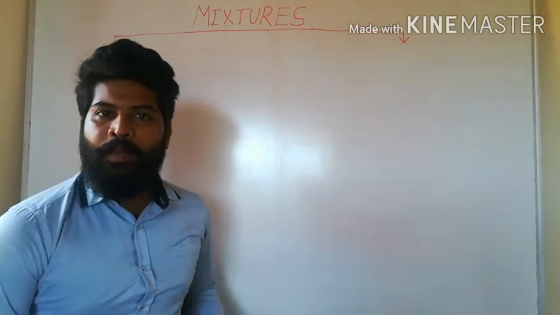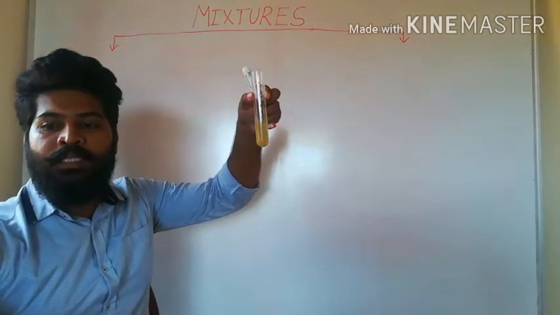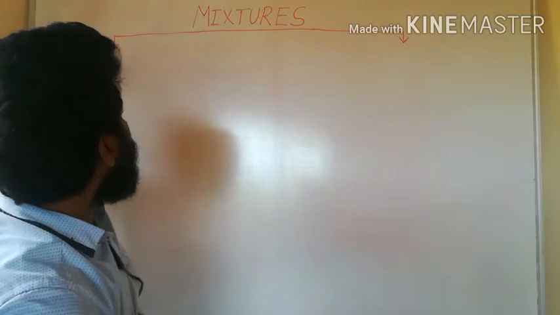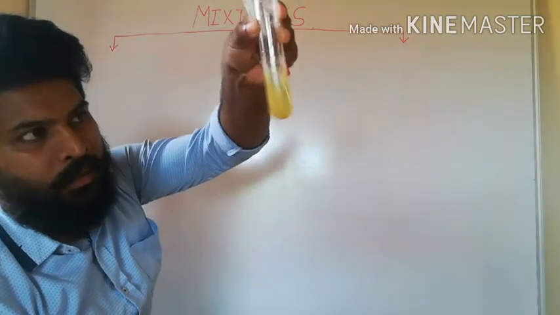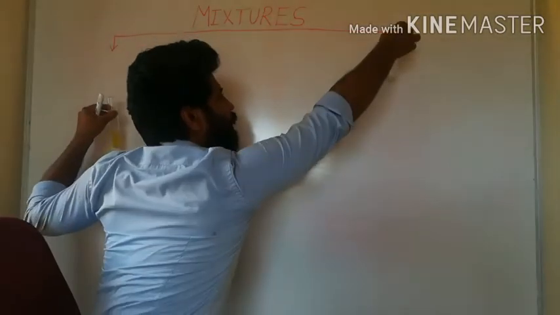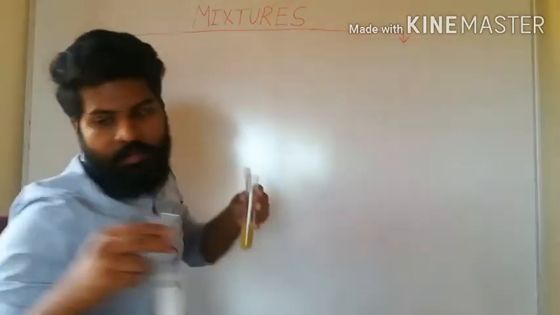Based on the activity, we can classify mixtures into the one here on the left hand side, where particles are completely dissolved and uniformly dissolved, and one on the right side where particles are not uniformly dissolved.